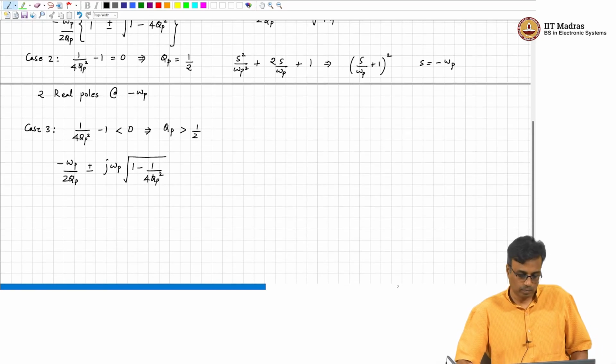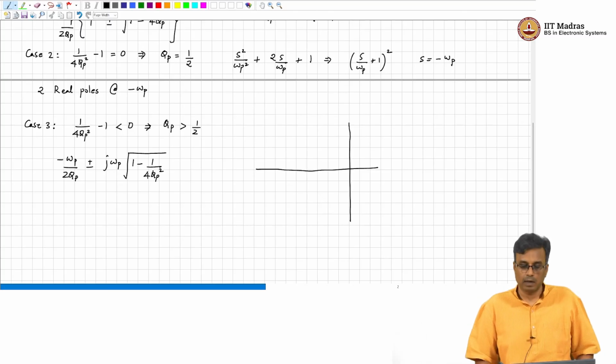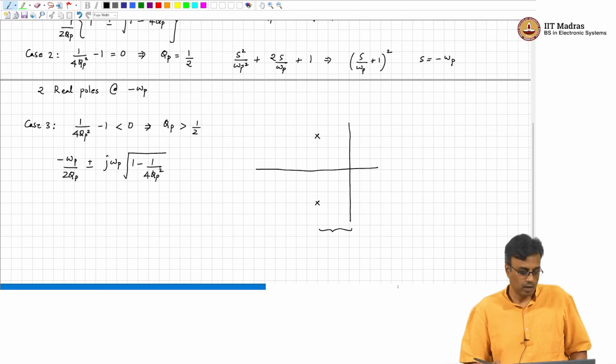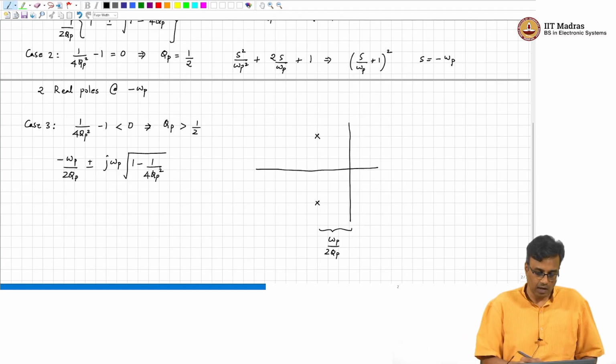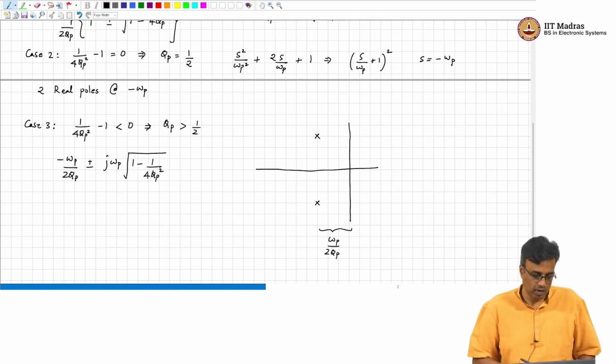All right. So you have, this is the s plane, and you have two complex conjugate poles. This distance is omega p over 2 Qp. Very good. And what is the magnitude of these poles?